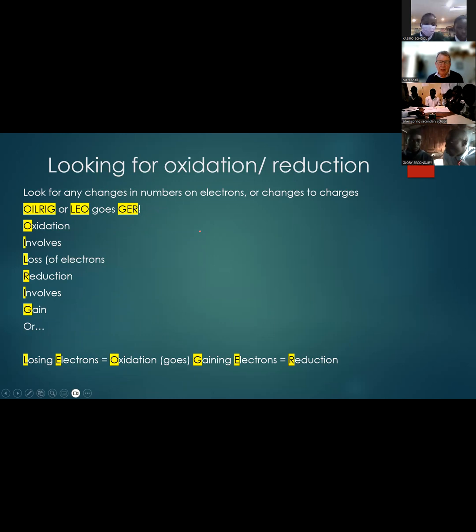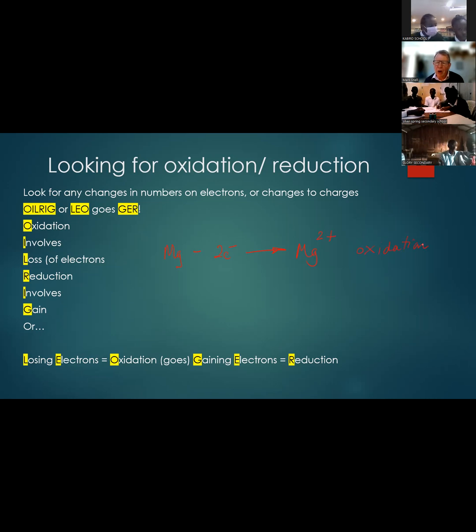So if I have something like this, let me say I have Mg minus 2 electrons goes to Mg2 plus, then it is obvious that this magnesium is losing electrons, and losing electrons is oxidation.